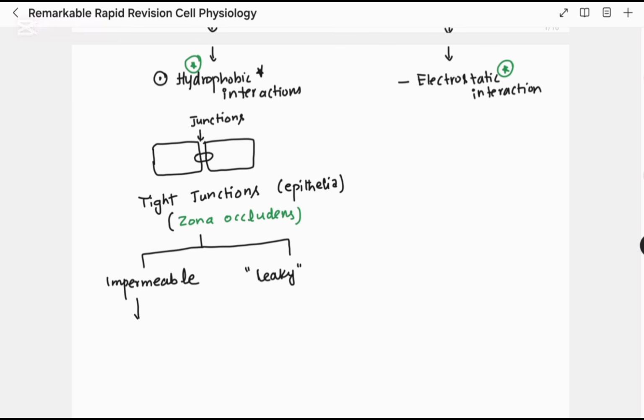So example of the impermeable tight junctions or impermeable zona occludens is the DCT of the nephron. And examples of the leaky tight junction is PCT of the nephron or gallbladder.